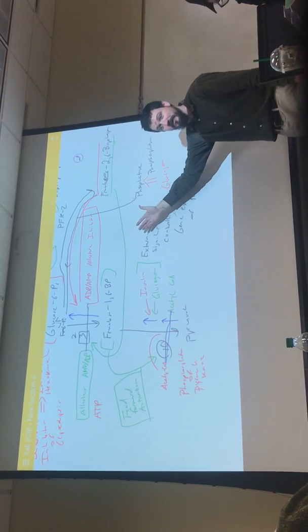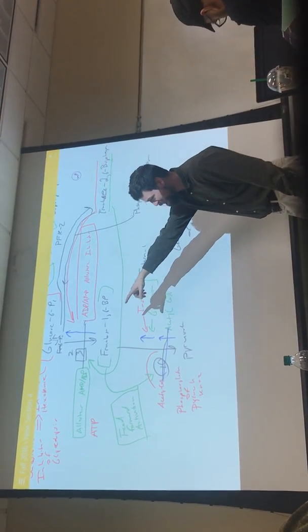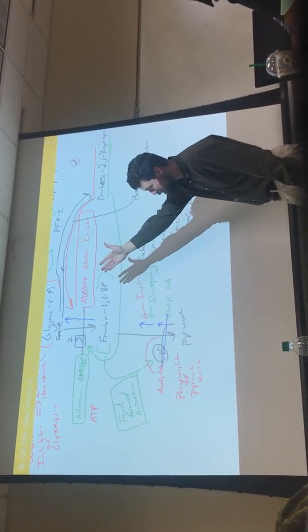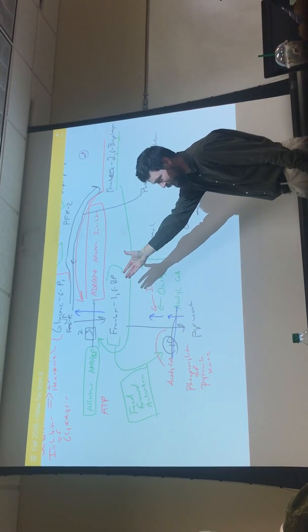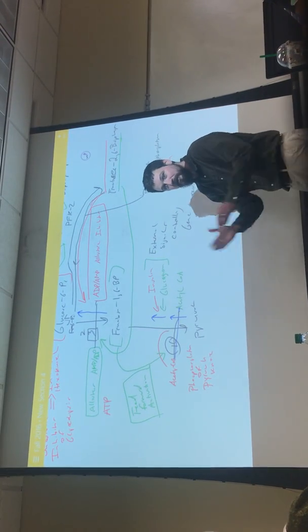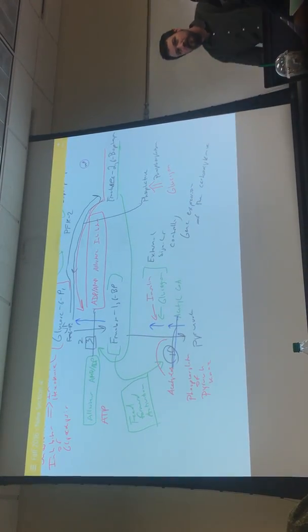Does that make sense? So why the heck would AMP and ADP be used to activate phosphofructokinase? Well, it's because when they're high in concentration, that means the cell is low in ATP, and glycolysis is our ATP generating pathway. Does that make sense?